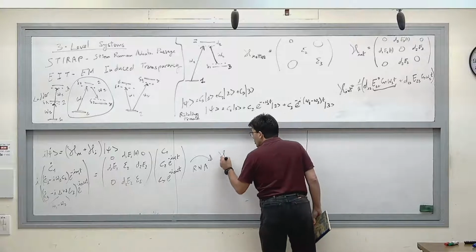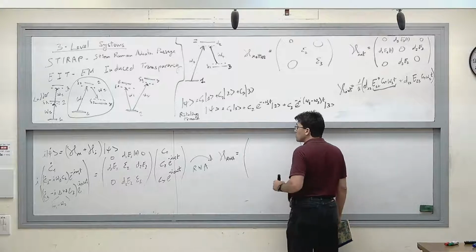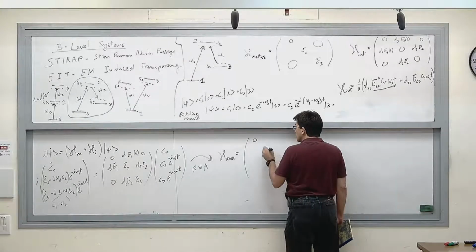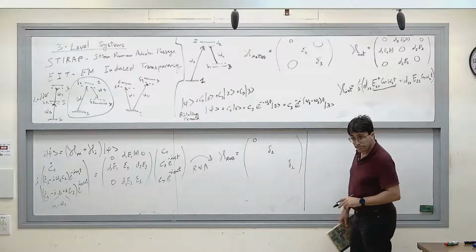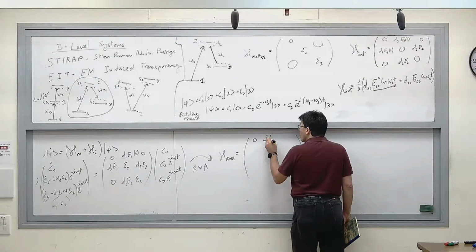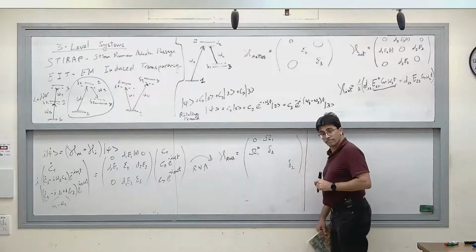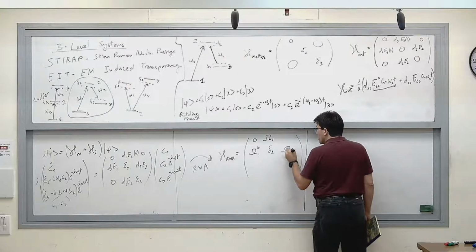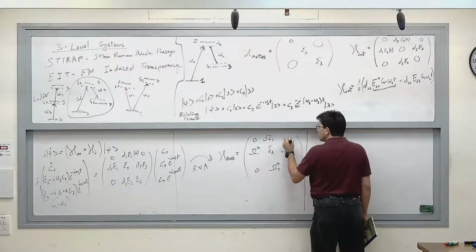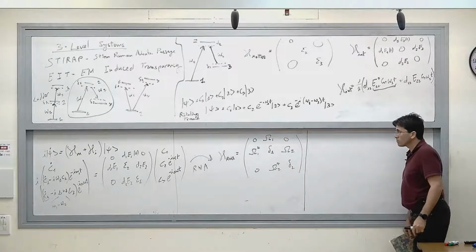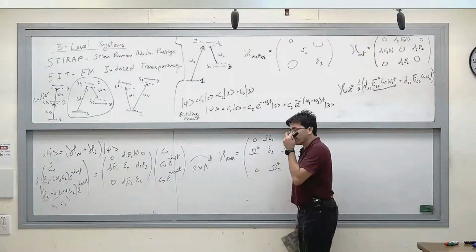We get the rotating wave approximation Hamiltonian, which looks like this: 0, delta 1, delta 2, and then here omega 1 star, omega 2 star. That's convenient, or at least, in a sense it makes sense.